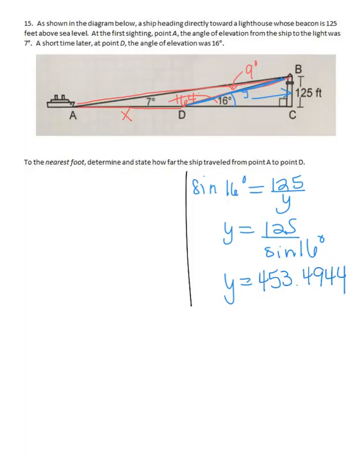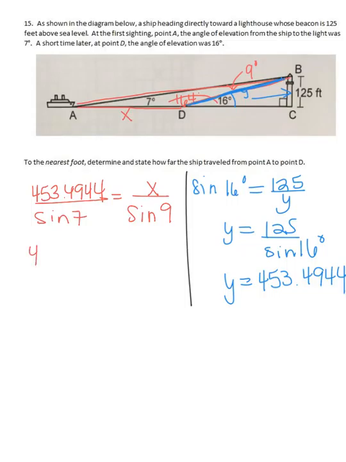Now using that value for the length of this side, I see that the angle opposite is 7 degrees. So 453.4944 over sine of 7 is equal to x over sine of 9 degrees.